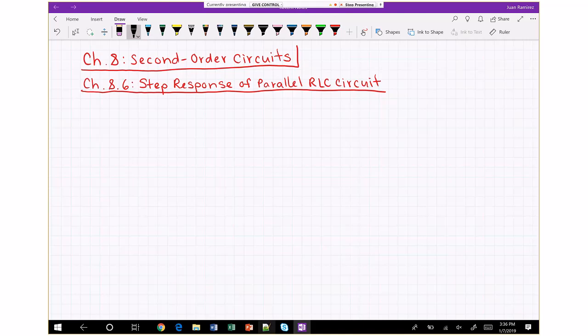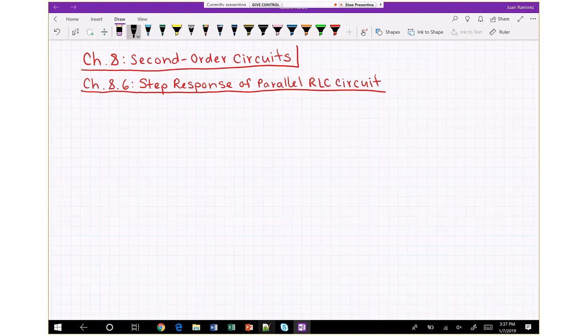So Section 8.5 was on step response of a series RLC circuit. That step response we modeled with the input being a step voltage. For a parallel RLC circuit, we model it with a step current. That's sort of what you see in practice most of the time.